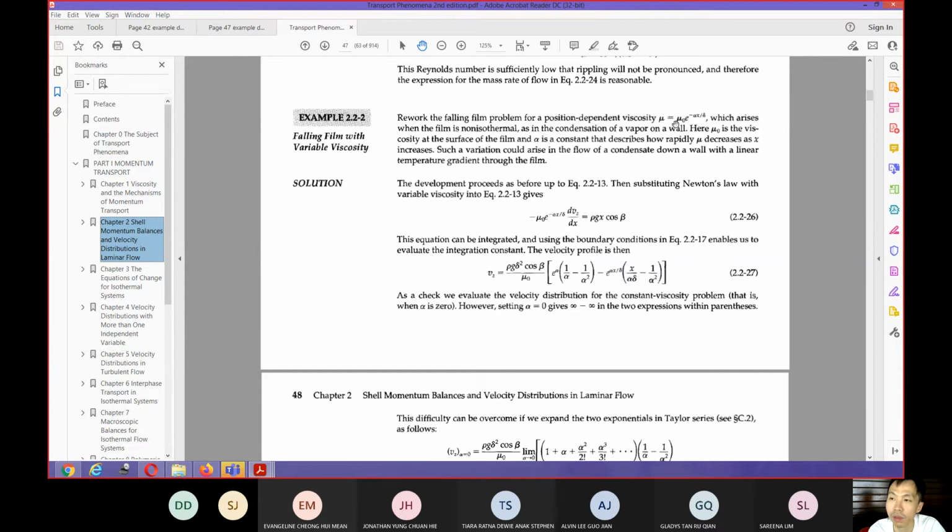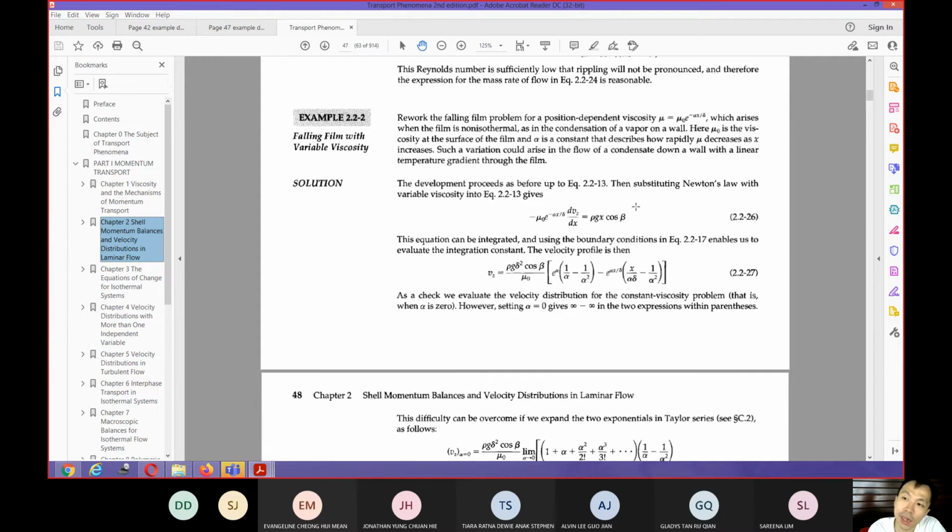If x increases, this value will diminish with the distance. You may need to look back at the shape of the exponential. So mu rapidly decreases with the increase of x. That's why there is a negative sign in the exponential term here.